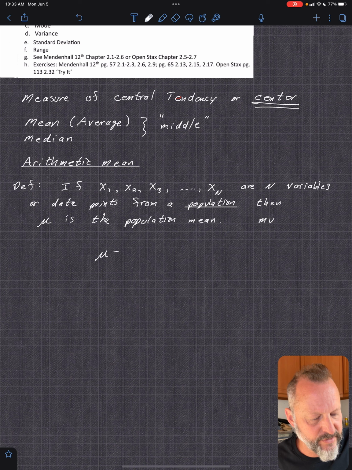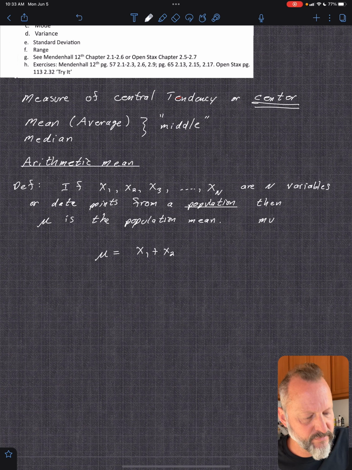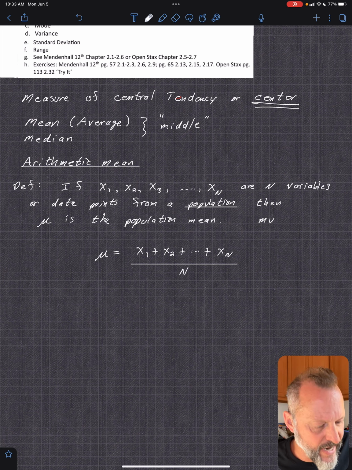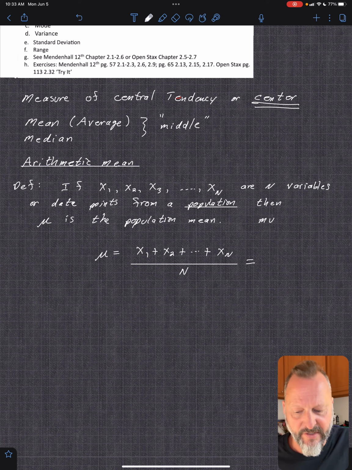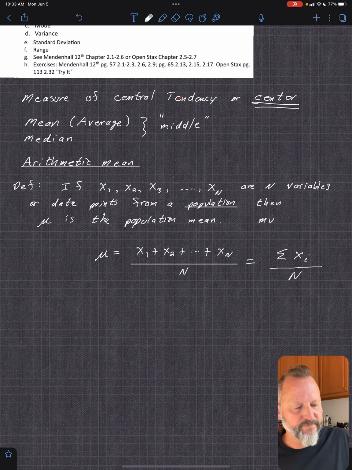Mu is defined to be the sum of all of those, x1 through x sub n, divided by however many data points you have, which is n. You probably know that: you add up all the numbers and divide by the number of numbers. So it's the sum over all the x sub i's divided by n.